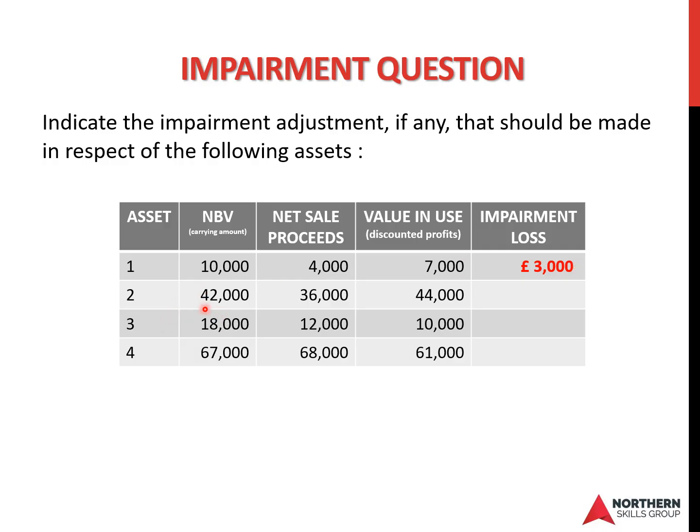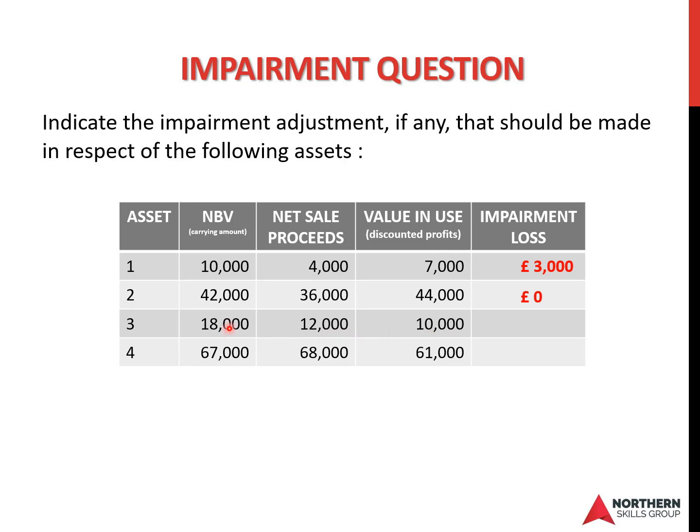The second asset is shown at 42,000. If we look at these two figures, the value in use figure's more than that, 44,000, so we can forget about it. There's no adjustment needed. £18,000 for the third asset. We could sell it for 12. If we use it, it's going to generate 10 of profits.